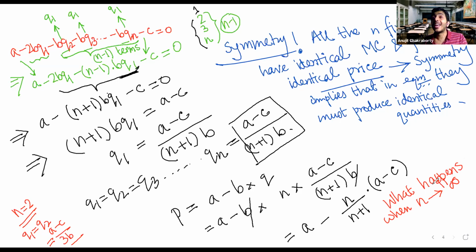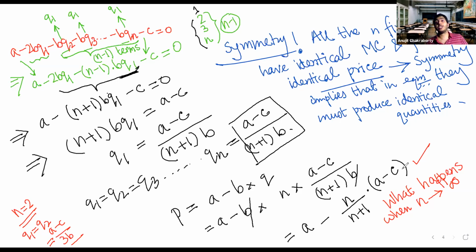Suppose there are n firms competing among each other. The market price in Cournot equilibrium is this. What happens to the market price when n goes to infinity, when the number of firms that are competing steadily keeps rising all the way up to infinite firms?